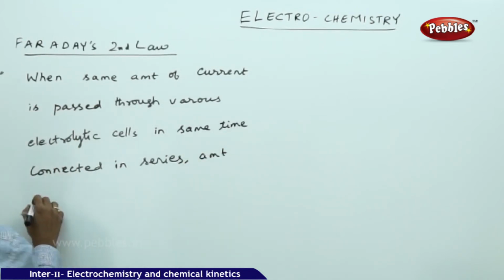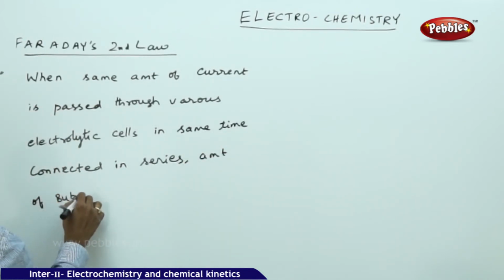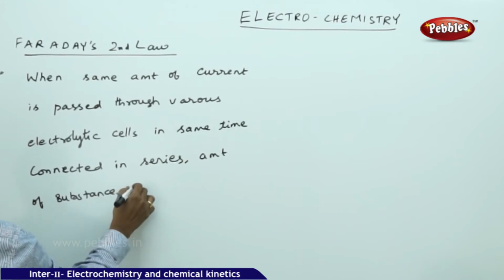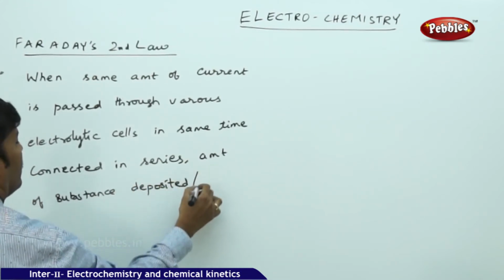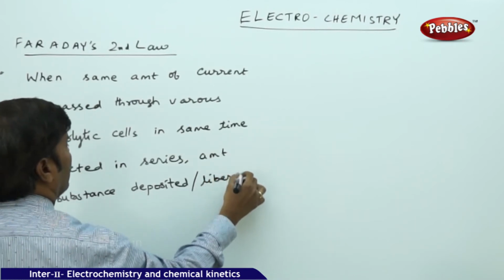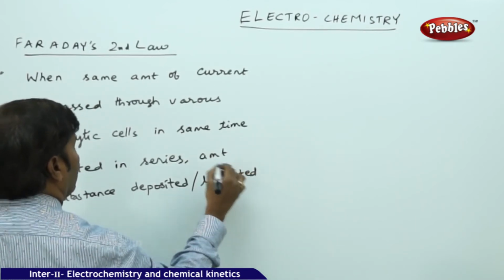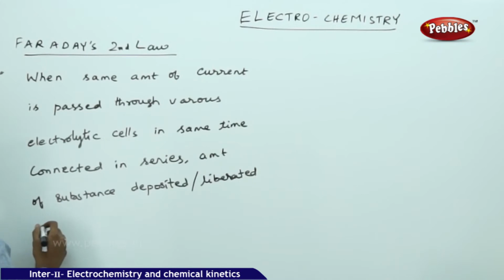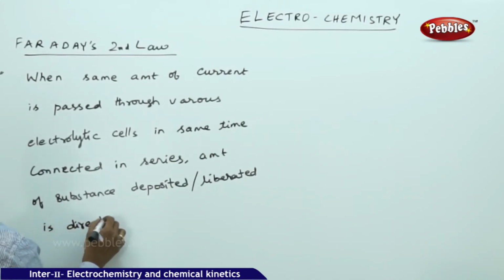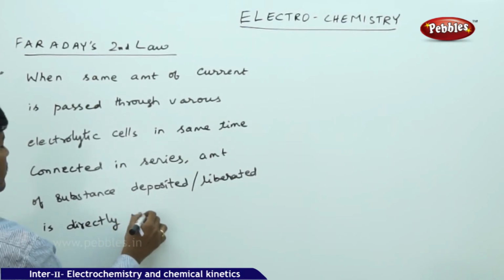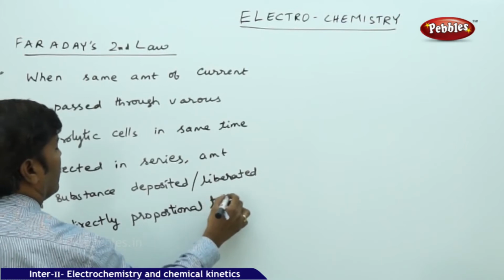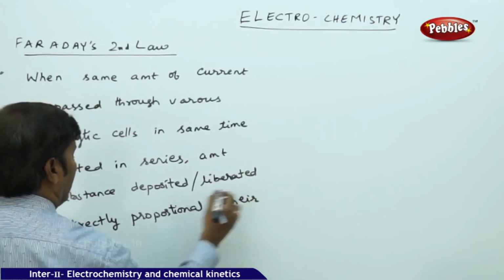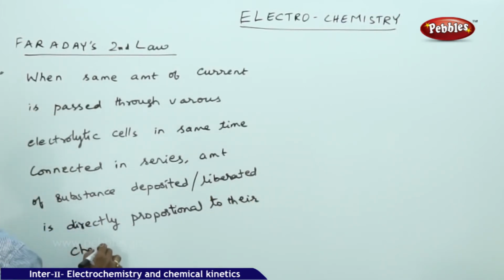the amount of substance deposited or liberated is directly proportional to their chemical equivalence.